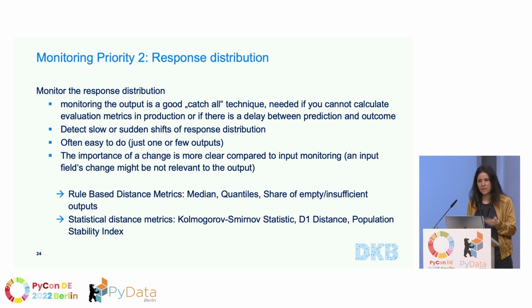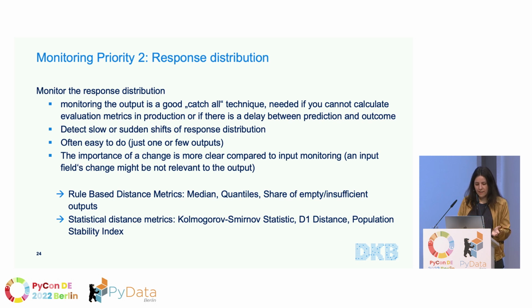Then you can start investigating what the issue is. And it can also detect slow shifts. If you say, typically we reject 30%, and once this drops below 25, I want to be alerted, this can be sudden, but it could also be slow over time. But you're definitely sure you get alerted, and then you can have a look at what happened.